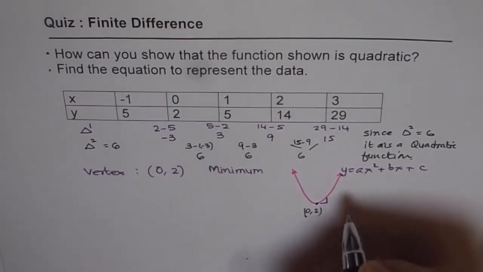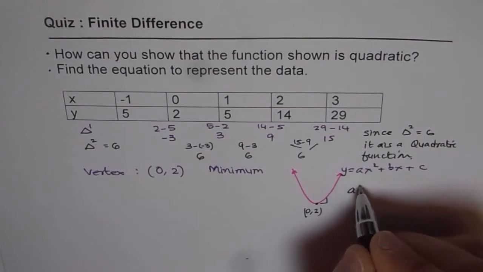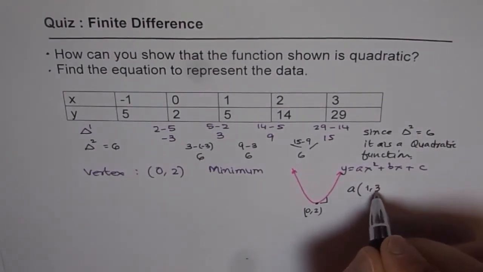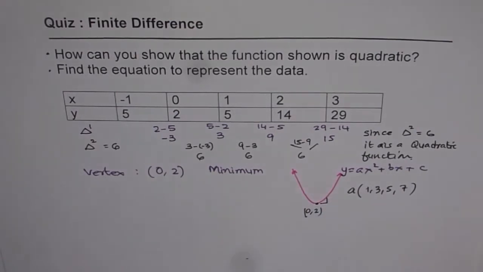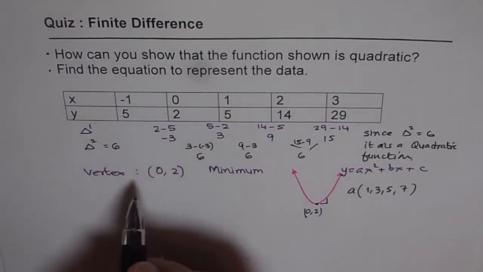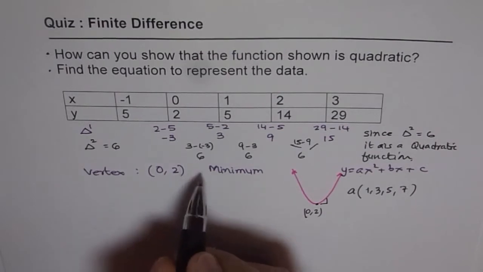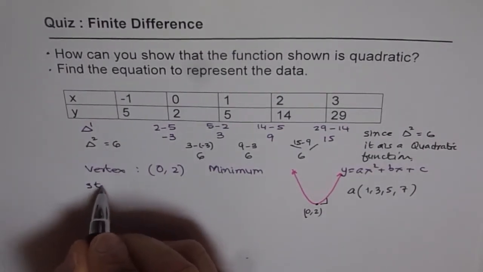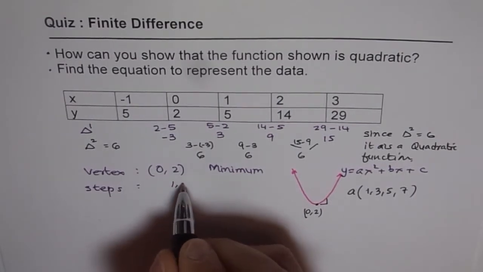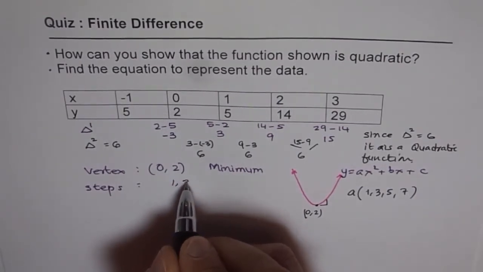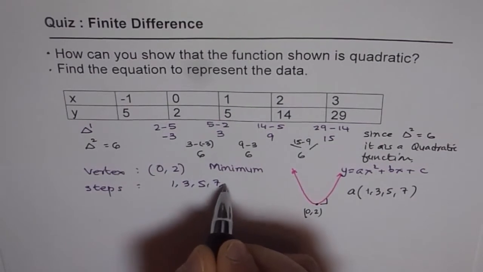Do you see that? So the steps in a parabola are normally 1, 3, 5, 7, right? So a in this case is 3. So what I'm trying to say is, first you know the vertex is this, and second you know the steps. Steps in this case normally, if the parabola is not stretched or compressed, the steps are 1, 3, 5, 7 and so on.